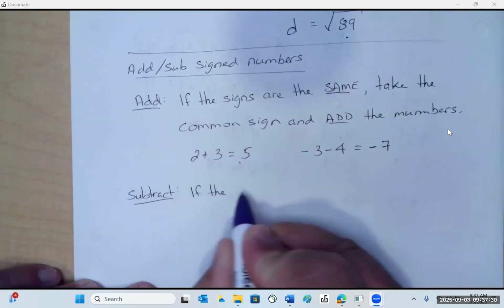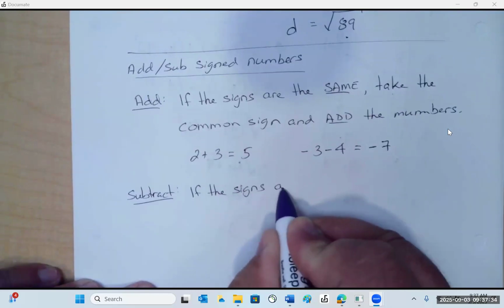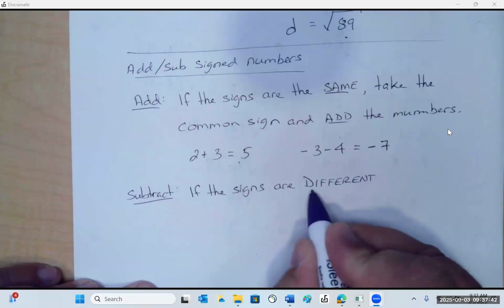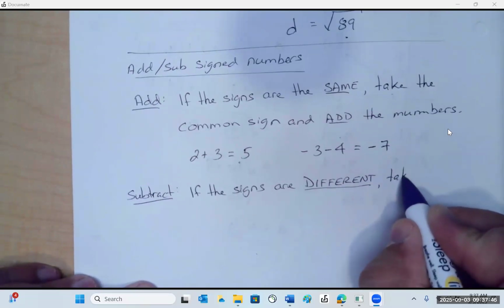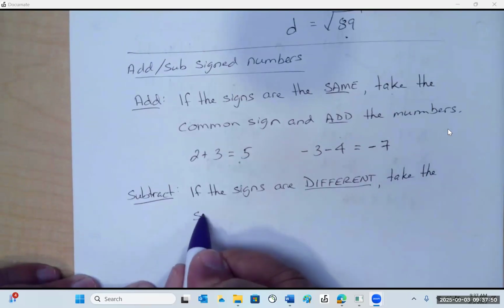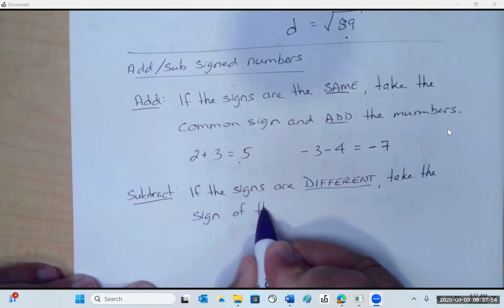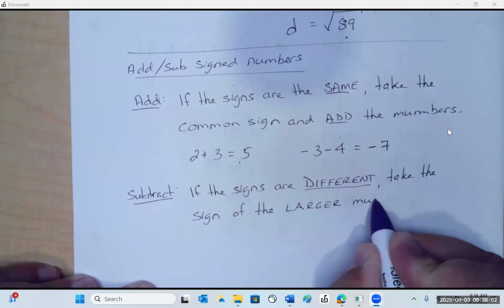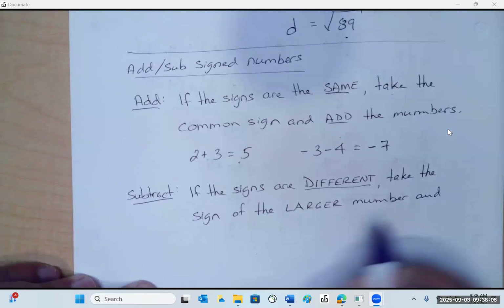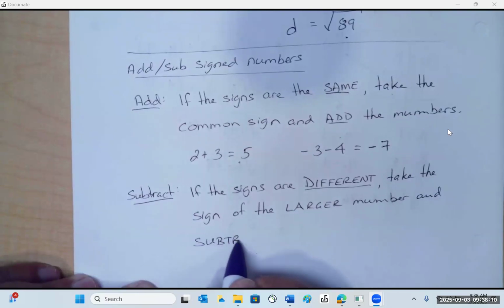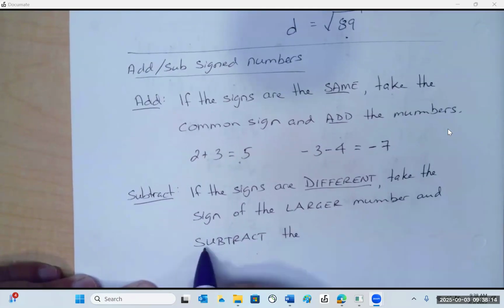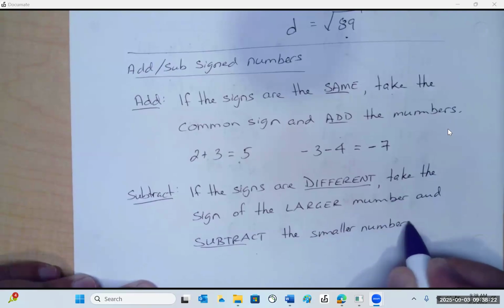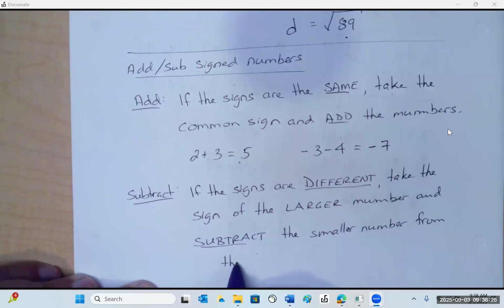If the signs are different, take the sign of the larger number and subtract the smaller number from the larger number.